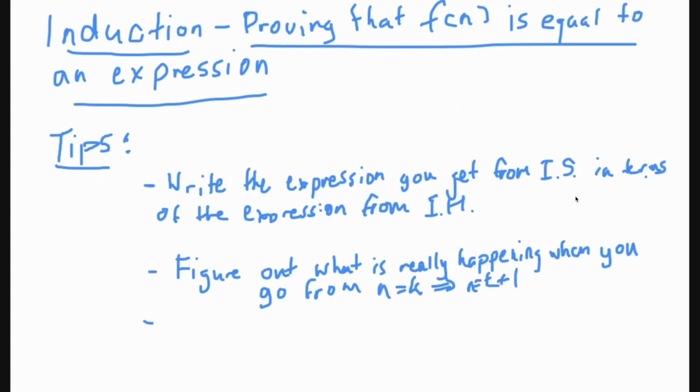What does this tip mean? Well, it's essentially saying that you're going to get 2 equations, one from your inductive step and one from your inductive hypothesis. And these 2 equations will look fairly similar. However, there's going to be a critical difference between those 2, and you want to find out what that is.